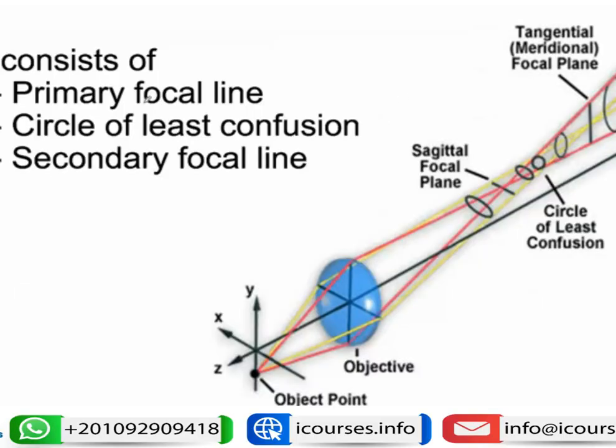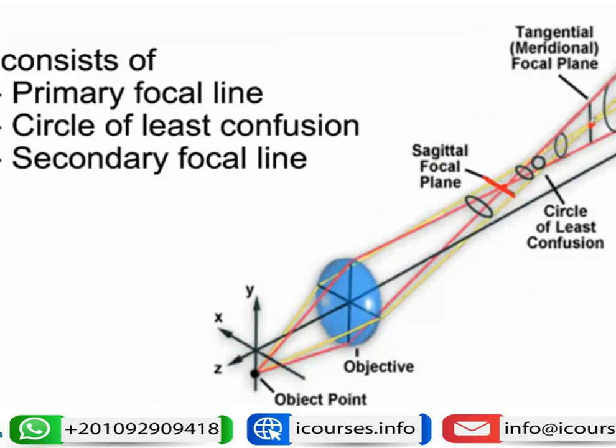So what does the conoid of Sturm consist of? Here we have the vertical light, which will come to a focus here, and the yellowish meridian will come to a focus here. So the focus of the horizontal meridian and the vertical meridian will form a line which is called the first focal line, or primary focal line.